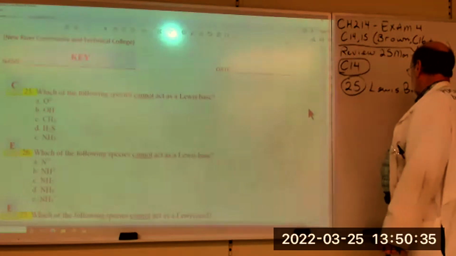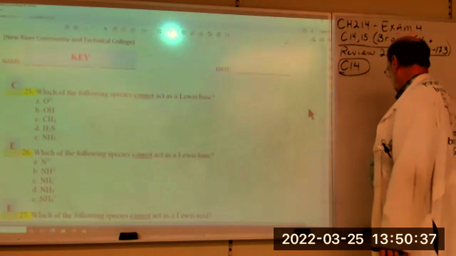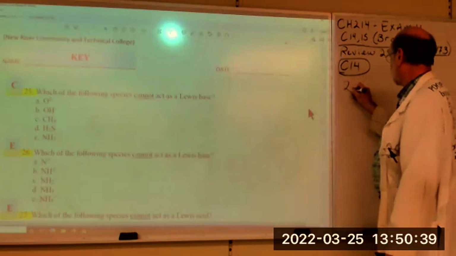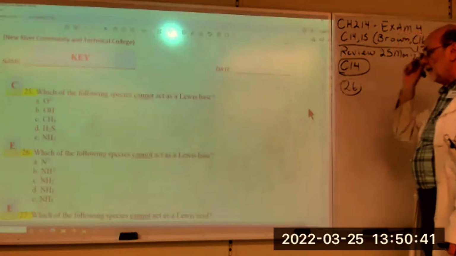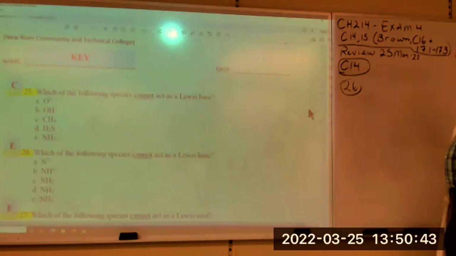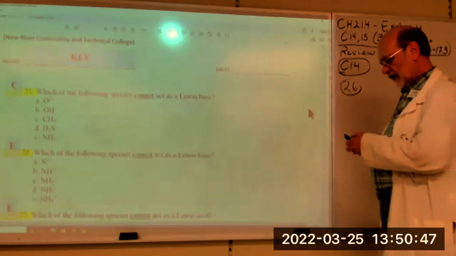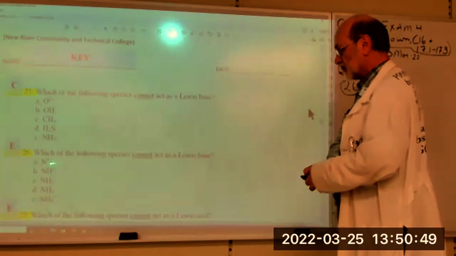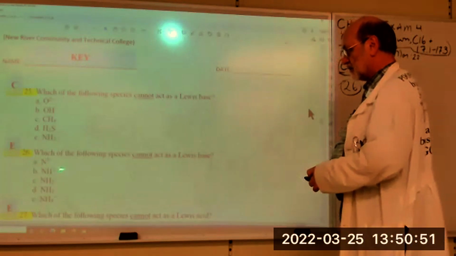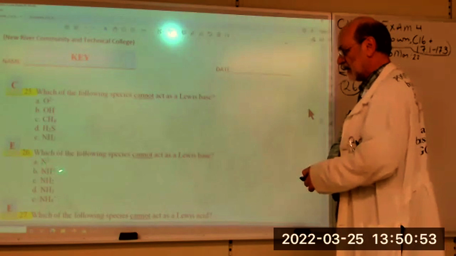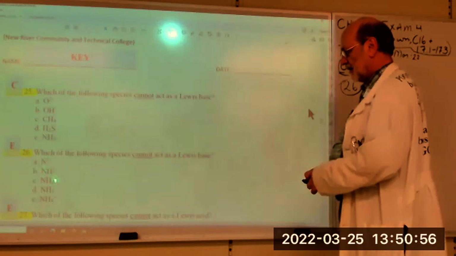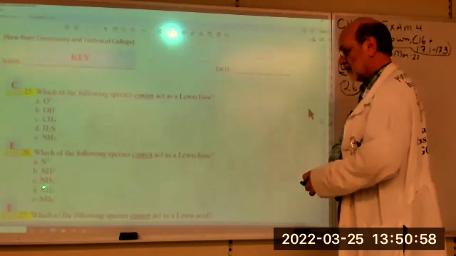About 26. Which of the following species cannot act as a Lewis base? Oh, there's another one. All right. Well, it looks to me like this one's got electrons to donate. That one's got a few. Any of these negative ions can donate. And this one's got a lone pair.